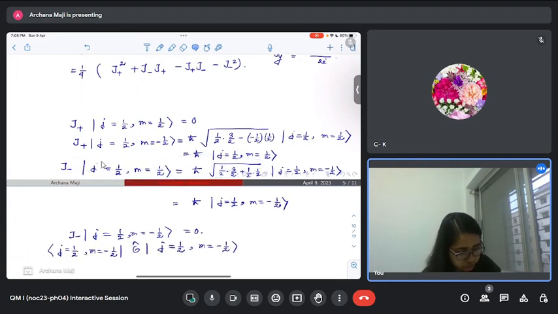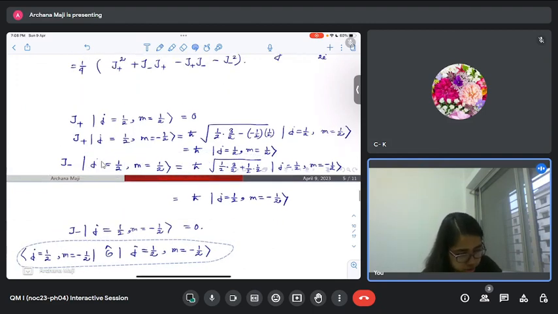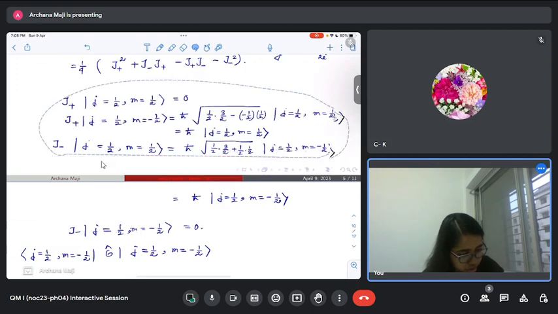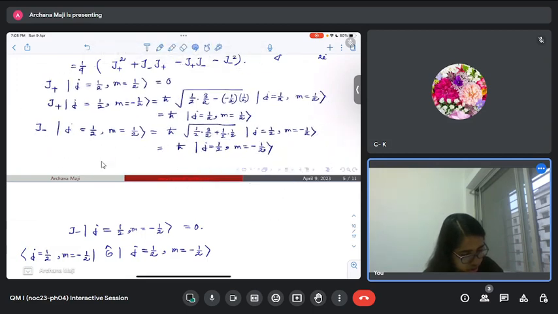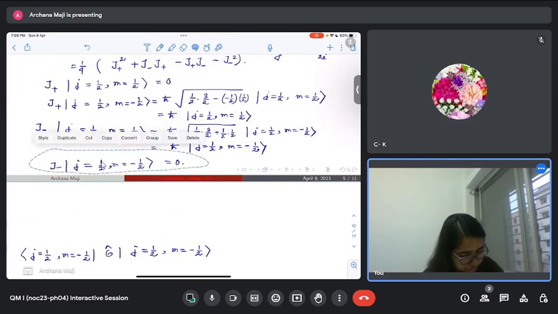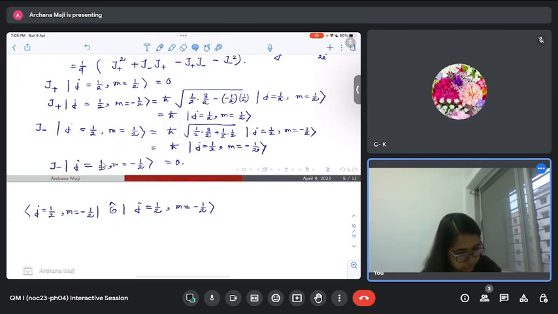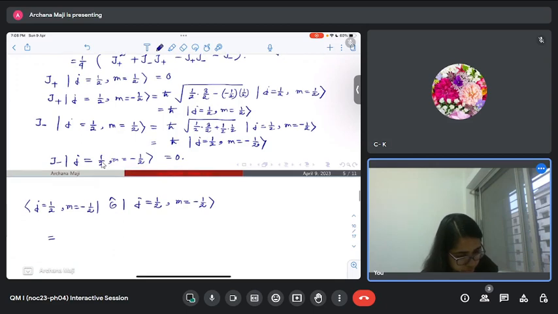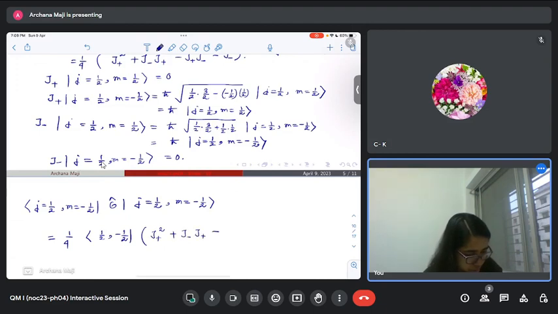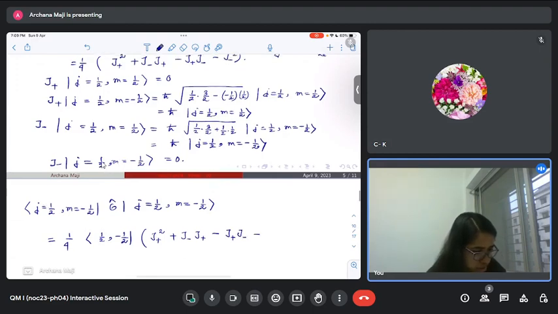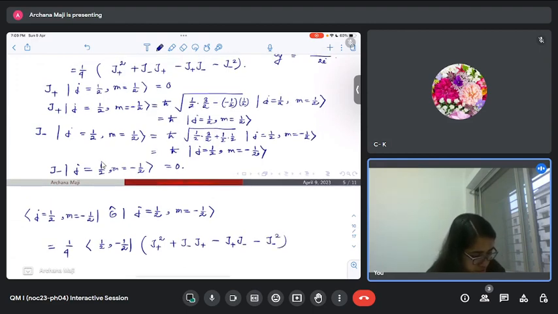So this expectation value then equals 1/4 half minus half square minus j plus j minus, j minus square.